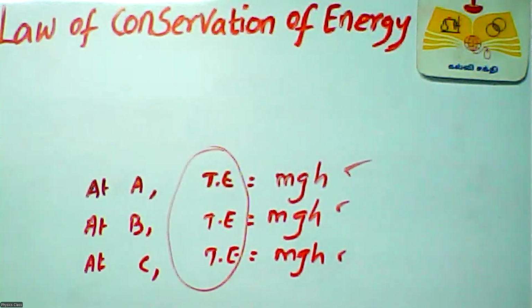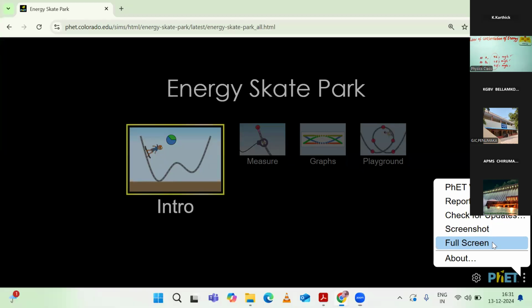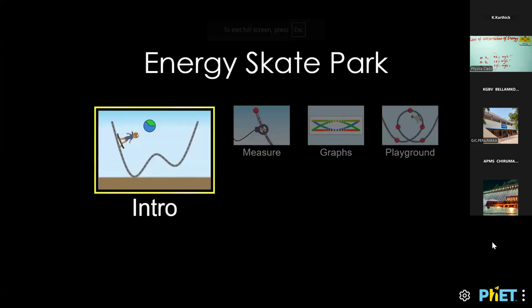Let me show you one simulation according to this conservation of energy. You can see one simulation, that is Energy Skate Park.